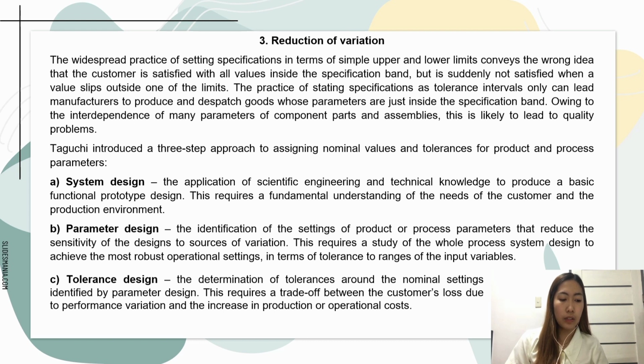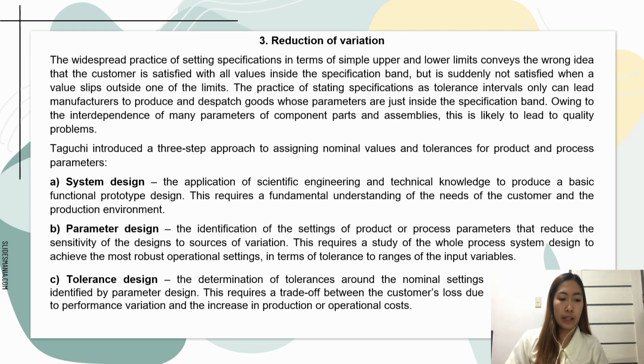The practice of only stating specifications as tolerance intervals can lead to manufacturers producing and shipping goods with parameters that are just inside the specification band. This is likely to cause quality issues due to the interdependence of many parameters of component parts and assemblies.